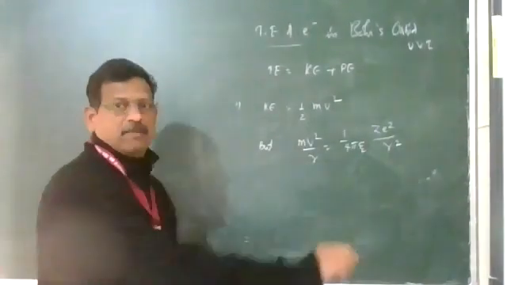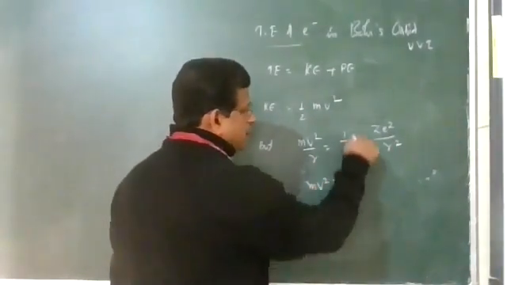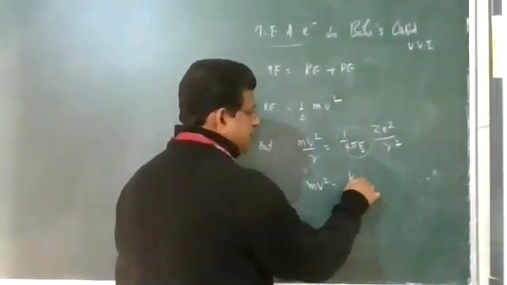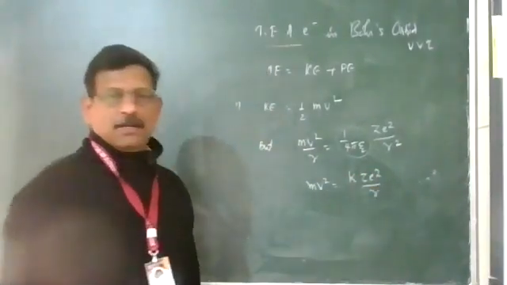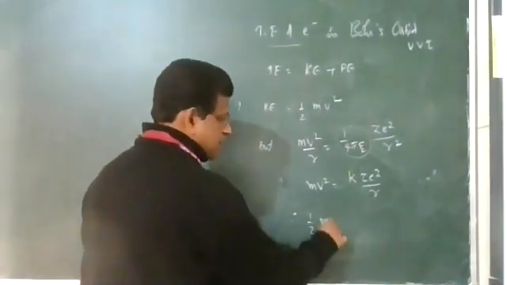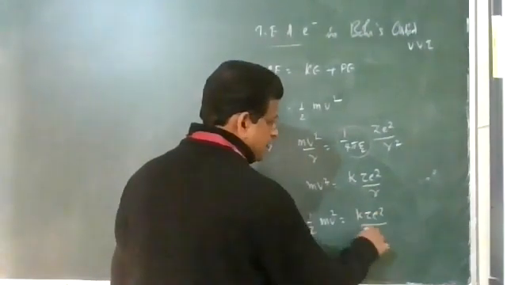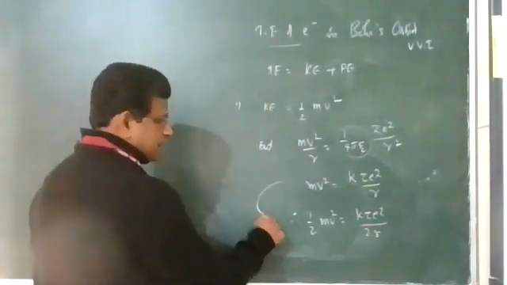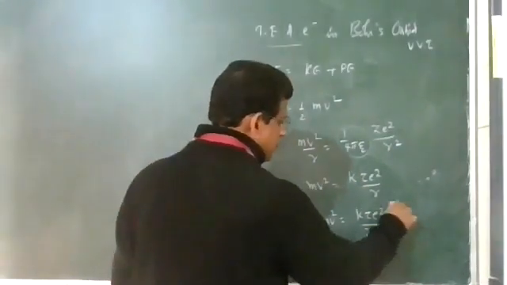So mv square will be equal to 1 by 4 pi epsilon 0, we write k Z square divided by r. Therefore half mv square is equal to k Z square divided by 2r. Therefore kinetic energy, half mv square, is equal to k Z square divided by 2r.